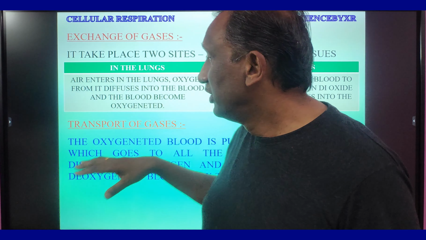And it is this ATP which will be used for all the sources of energy in our body, whether we want to do any mechanical activity, or maintain the body temperature, or produce sound like speaking, or conduct electrical impulses in the nerves, or there are some organisms in which electrical energy is produced.